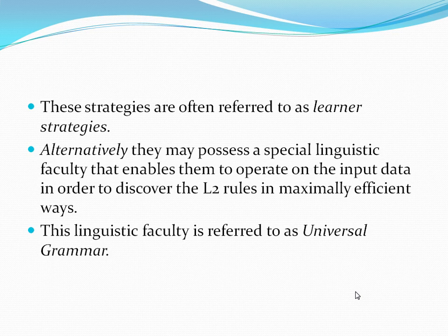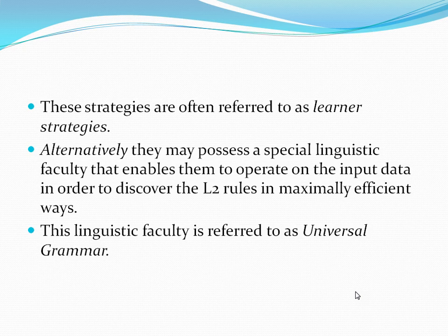The second way is cognitive style. Cognitive style, learner process. And then alternatively, they may use a specific linguistic faculty that enables them to operate on the input data in order to discover the L2 rules in maximally efficient ways.